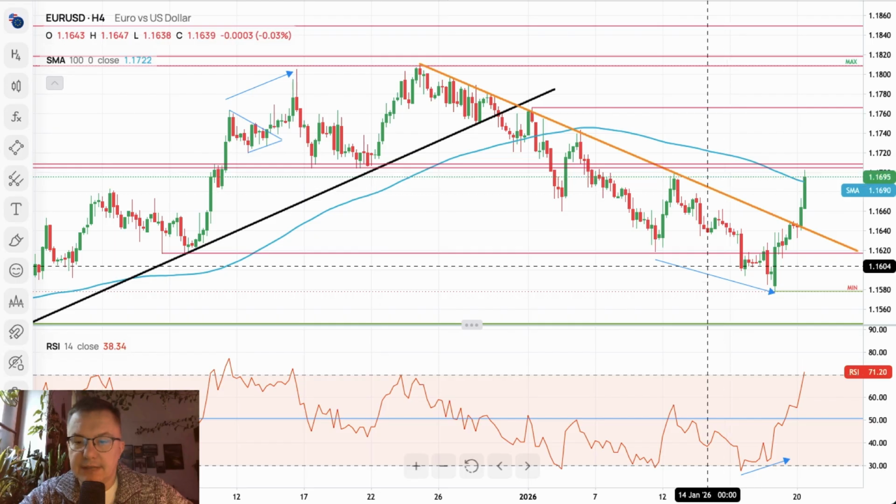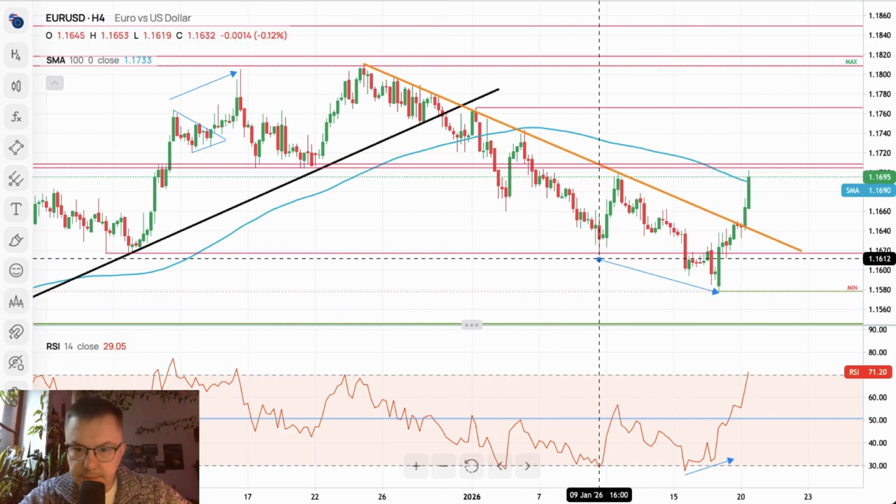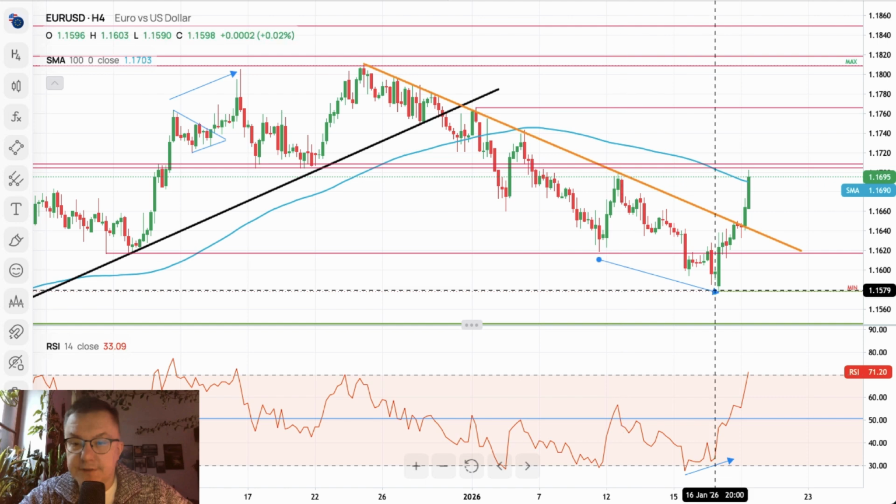Very strong movement to the upside as indicated by our divergence arrows from the lows of 1.1578.